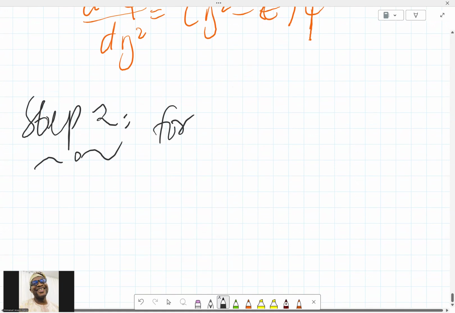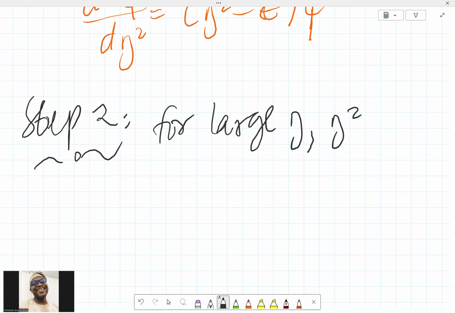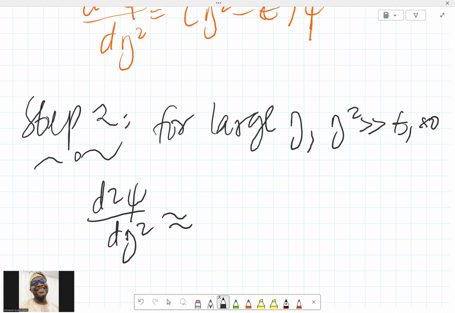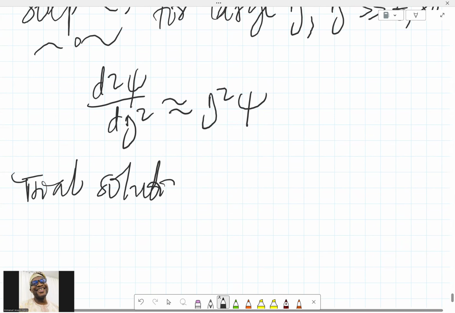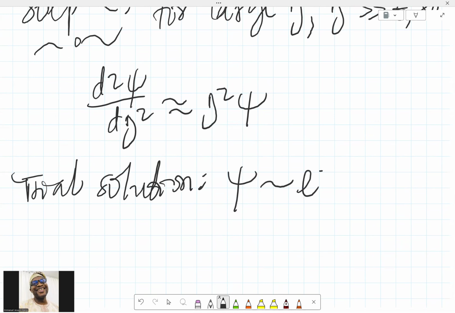For large eta, eta squared is way bigger than epsilon. So d squared psi d eta squared is approximately eta squared psi. So a trial solution would be something like psi approximately e raised to power minus eta squared over 2.